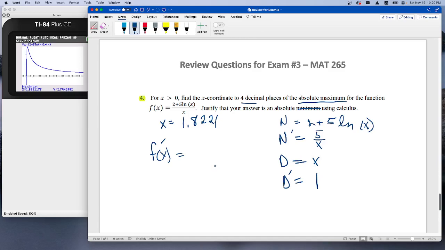And so we're going to put that together with the derivative of the numerator times the denominator, minus the numerator times the derivative of the denominator.